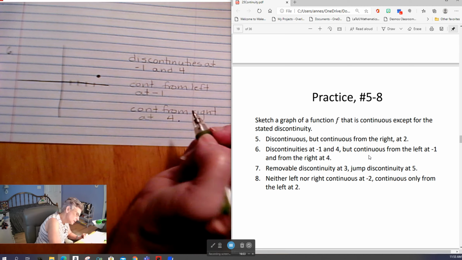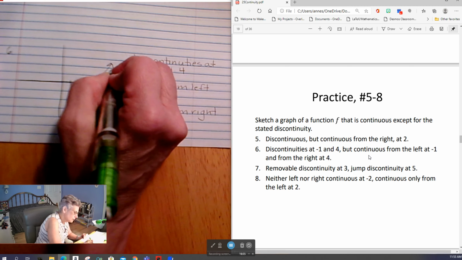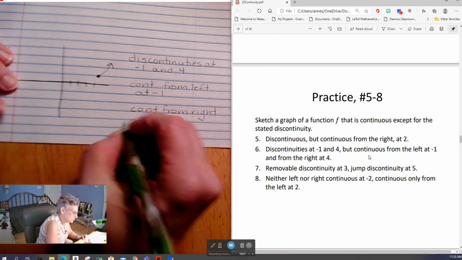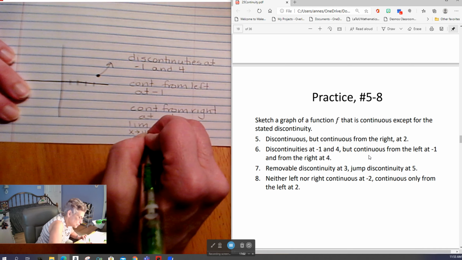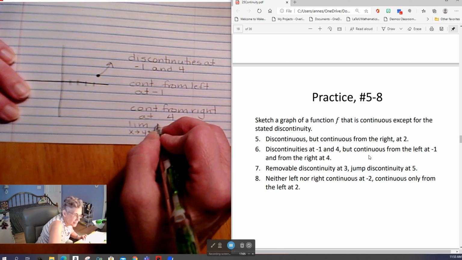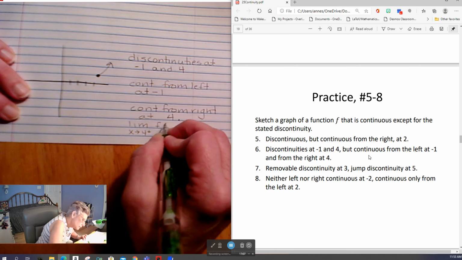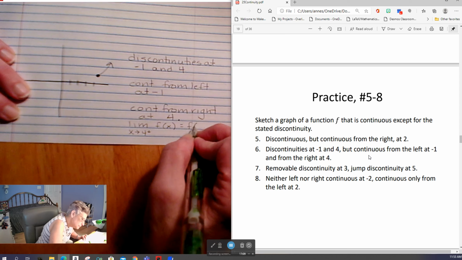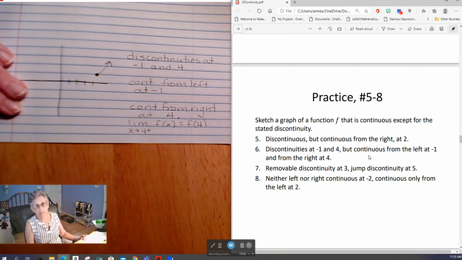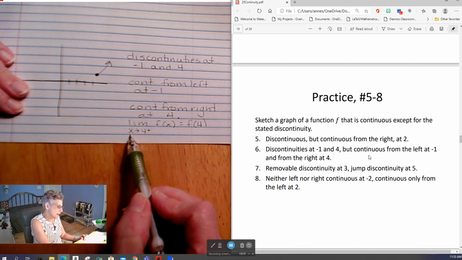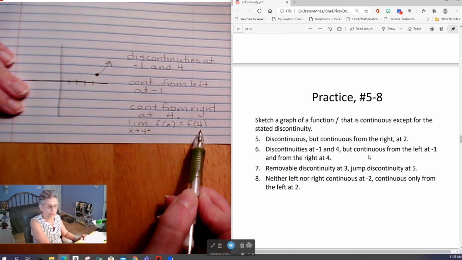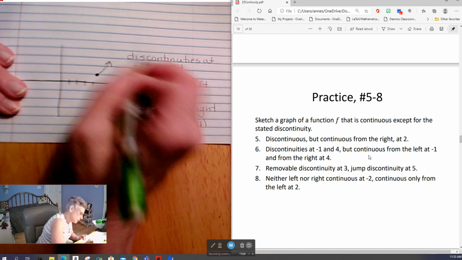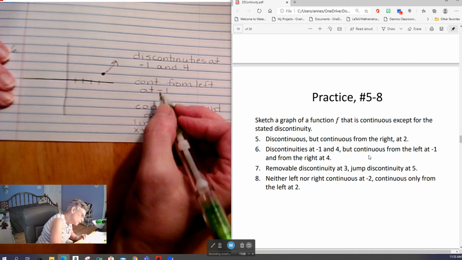The limit as x approaches 4 from the right has to exist. Okay, I'm sure I misspoke, so let's say it again. The limit as x approaches 4 from the right of f of x has to be equal to f of 4. So that would look like that.